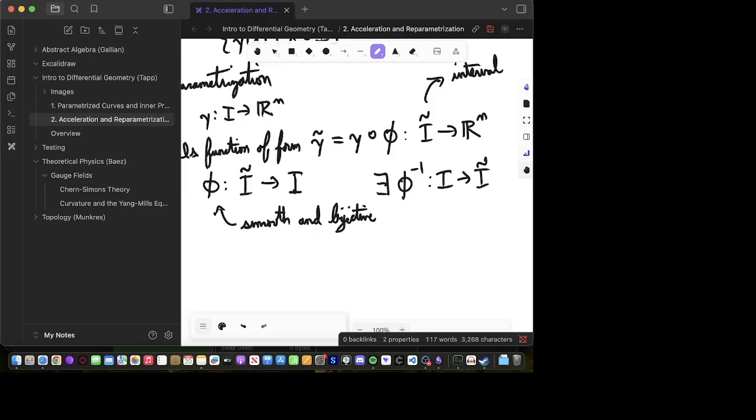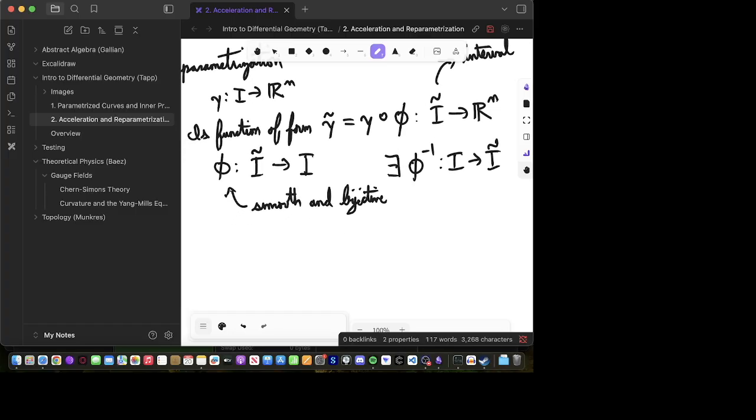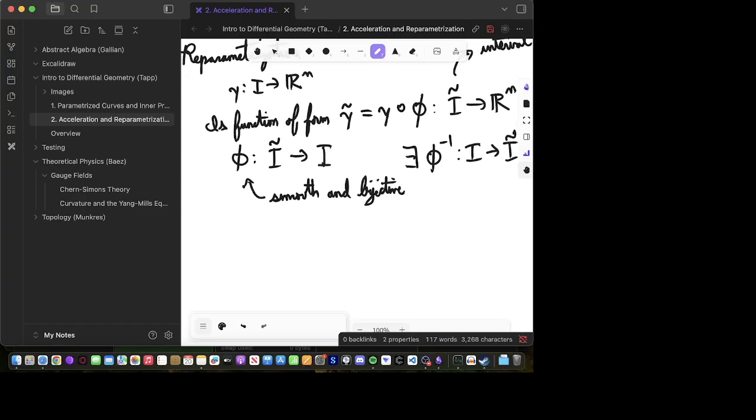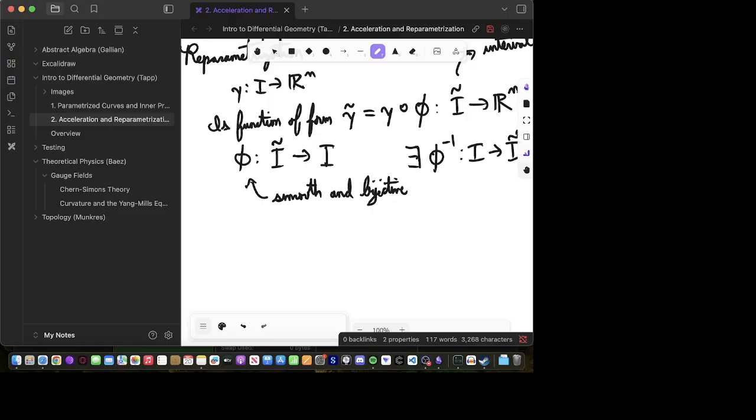So the inverse derivative also exists, and obviously, so does the derivative. Yeah, I believe we will see soon that this is called a diffeomorphism. But if I'm wrong, I'll correct myself in the comments.